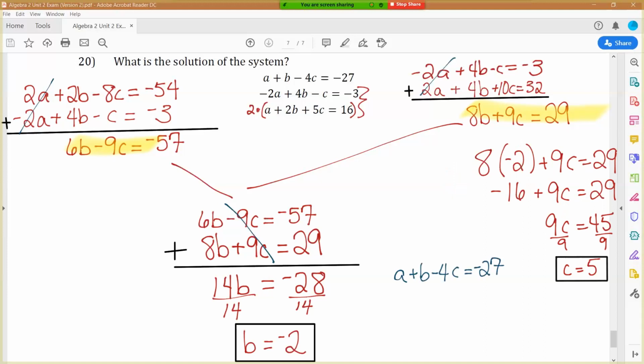And we're just going to plug in B and C. So A plus negative 2 minus 4 times 5 equals negative 27. Negative 4 times 5 is negative 20, minus 2 is negative 22. So A minus 22 equals negative 27. Add 22 to both sides, and A equals negative 5.